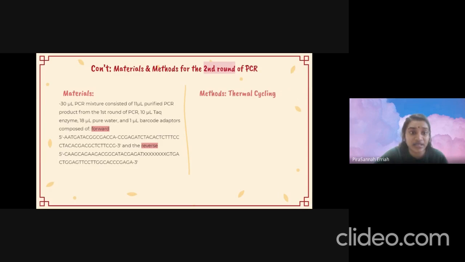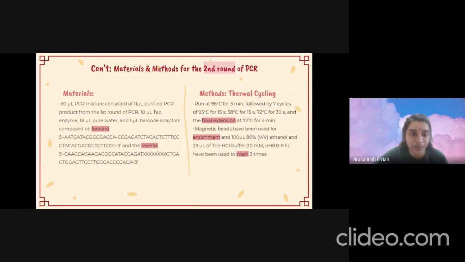Then the method is a similar process, but there is a change in the temperature and the time, where they run at 95 degrees Celsius for 3 minutes, followed by 7 cycles of 95 degrees Celsius for 15 seconds, 58 degrees Celsius for 15 seconds, 72 degrees Celsius for 30 seconds, and the final extension conducted at 70 degrees Celsius for 4 minutes.